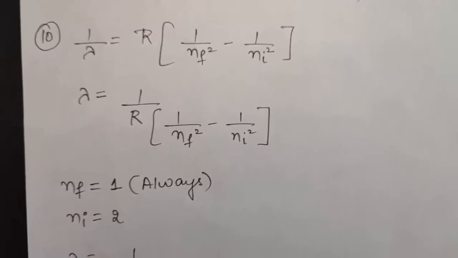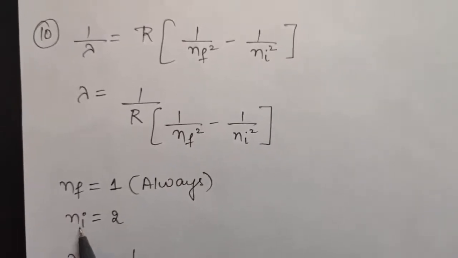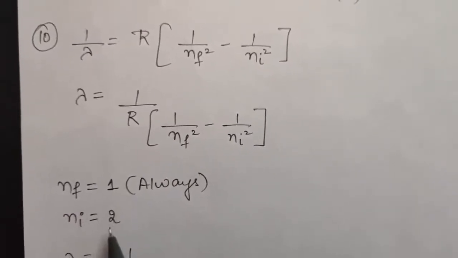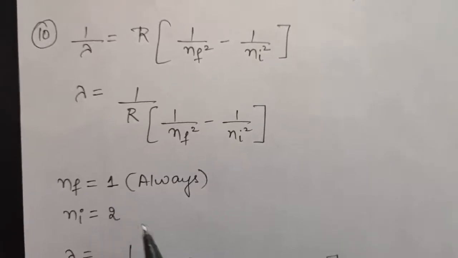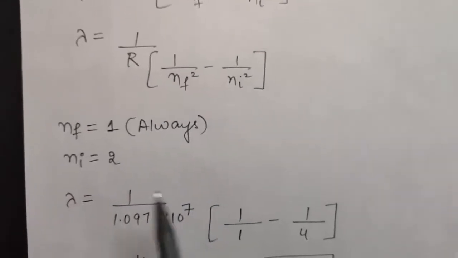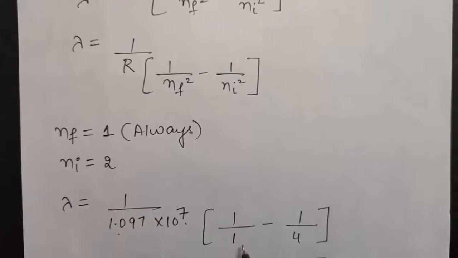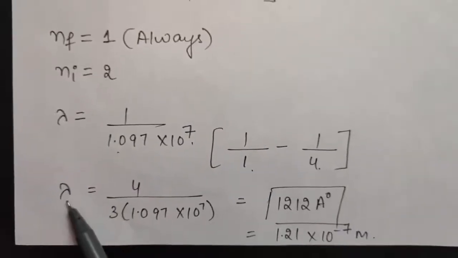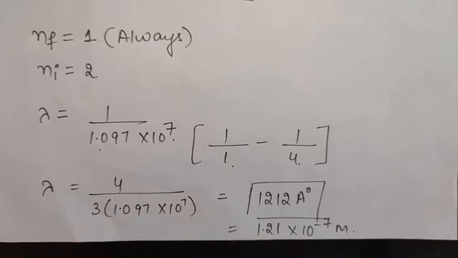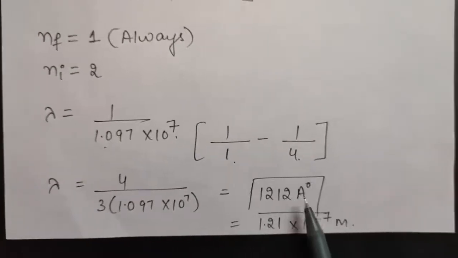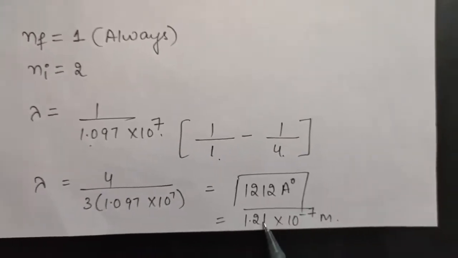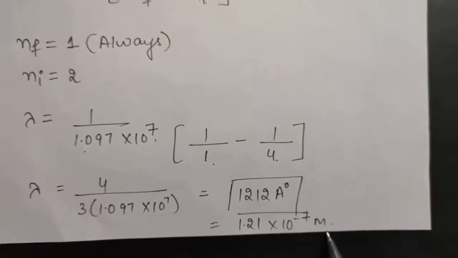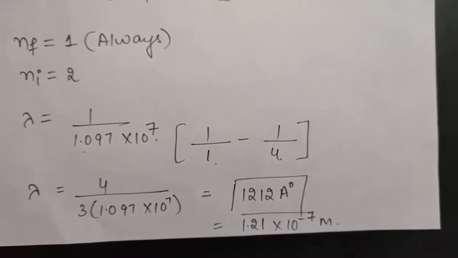And because we want longest wavelength, we will be taking shortest transition, that is n initial is equal to 2. So just put the values, that is lambda, putting the value of R, n final and n initial. When you solve it, the value of lambda will come to be either 1212 angstrom, or you can say 1.21 into 10 to the power minus 7 meters.